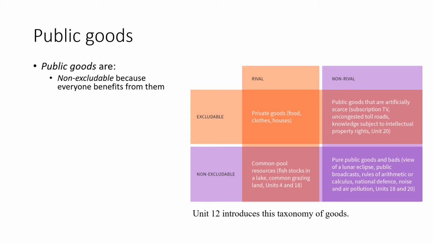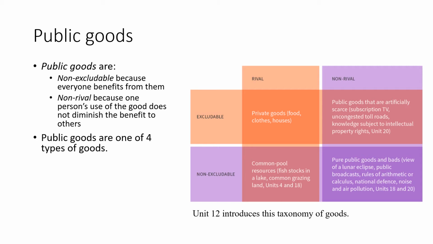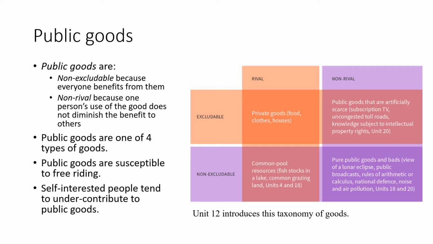Public goods are non-excludable because everyone benefits from them, and non-rival because one person's use of goods does not diminish the benefit of others. Public goods are one of the 4 types of goods. Public goods are susceptible to free riding, and self-interested people tend to under-contribute to public goods.